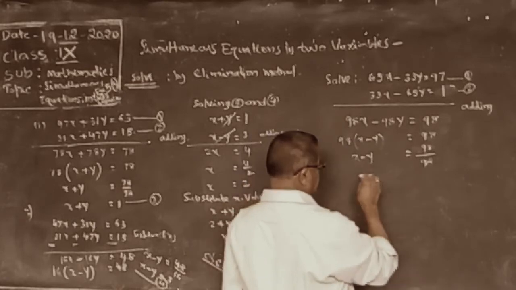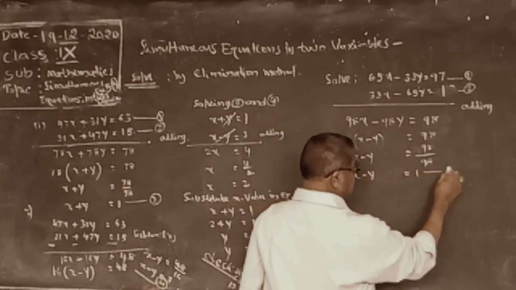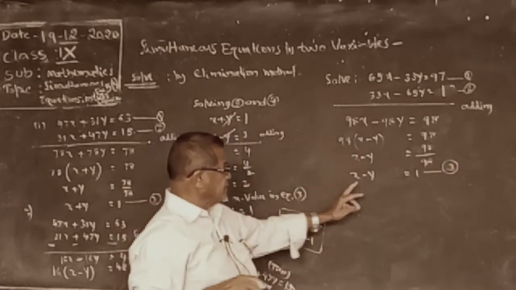So this is 1. X minus y is equal to 1. We say this is equation 3, the new equation. In addition, we are getting a new equation.